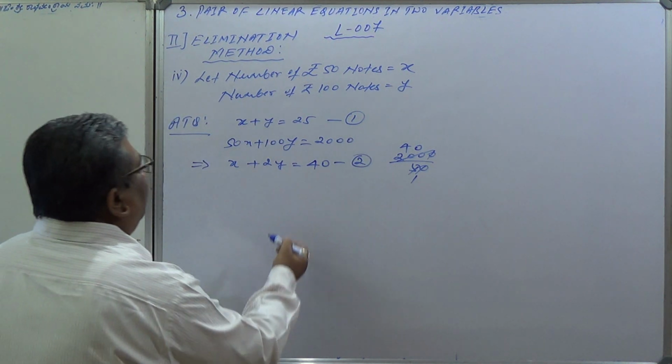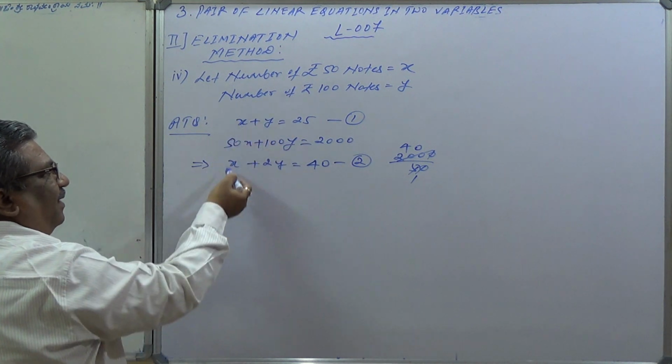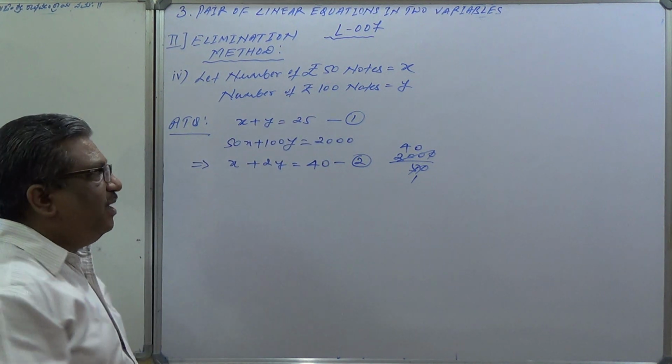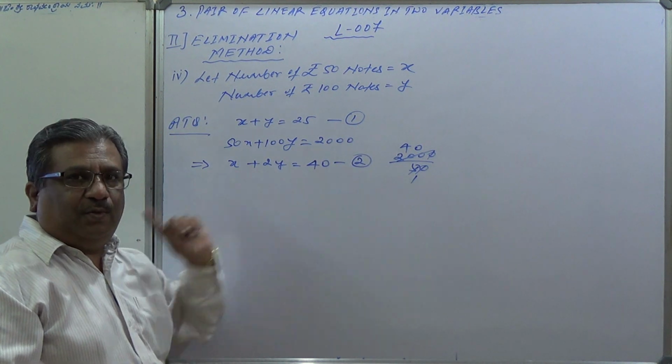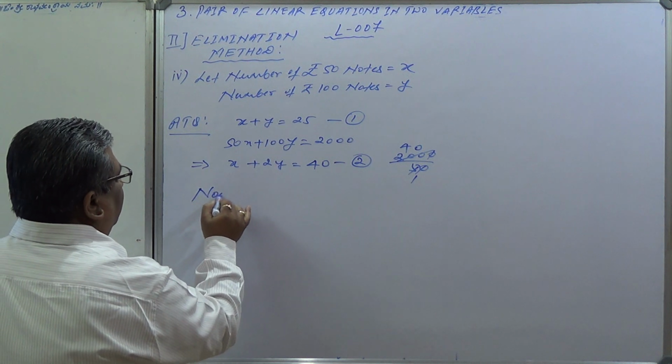Isn't it? Now, x plus y is 25, x plus 2y is equal to 40. The coefficient of x is same. I subtract 2 from 1. I'll adopt horizontal method over here. 2 from 1, meaning equation 1 minus equation 2. Now I am writing a little bit different way.